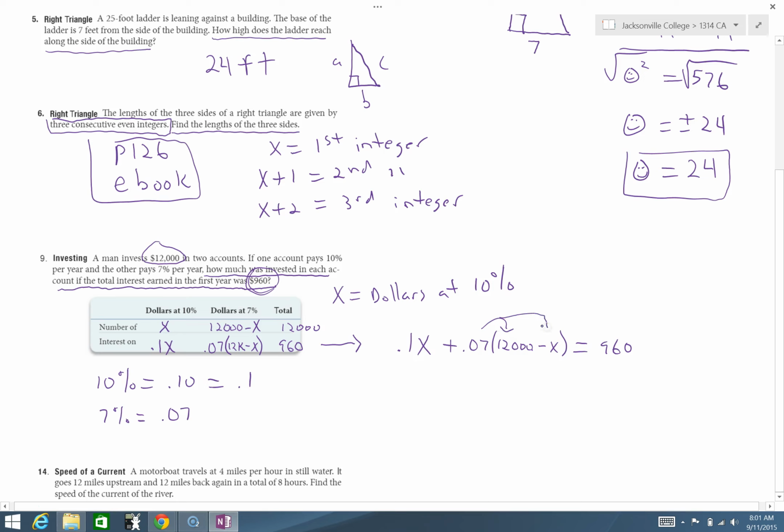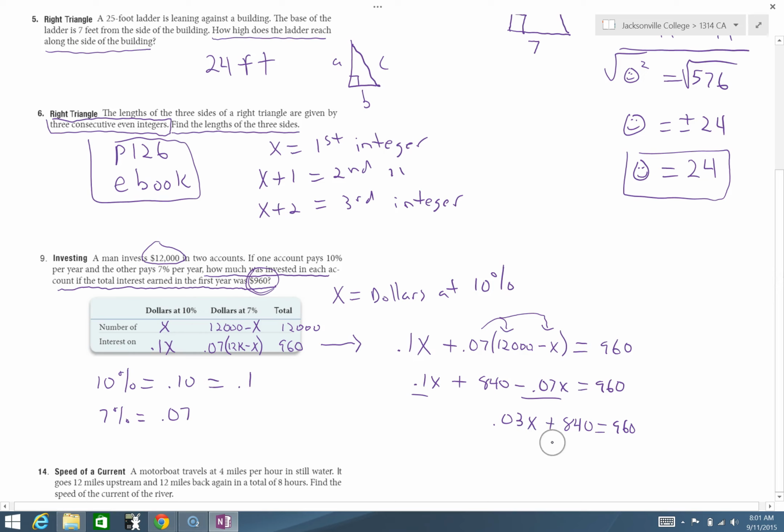Distributing here, I get 0.1x plus 0.07 times 12,000, using your calculator, is 840. 0.07 times minus x becomes minus 0.07x. That's equal to 960. Combining these two like terms, 0.1 minus 0.07 is 0.03x, plus that 840 is equal to 960.